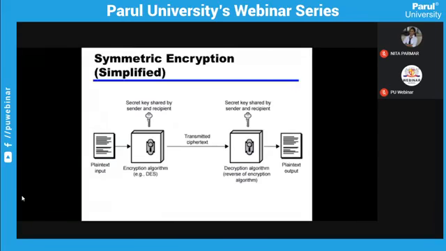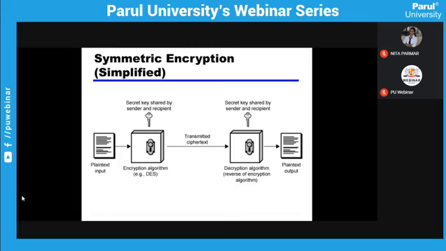So as we see, symmetric encryption uses an algorithm like DES, and converts the plain text using a secret key to ciphertext, and then ciphertext is transmitted.